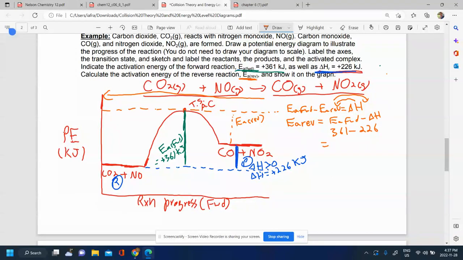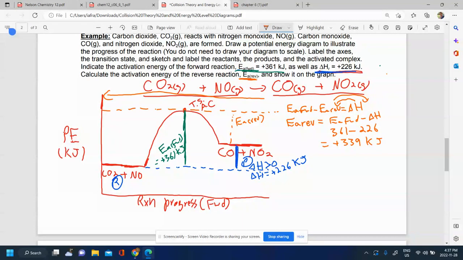So if you do 361 minus 226, you get positive 339 kilojoules.